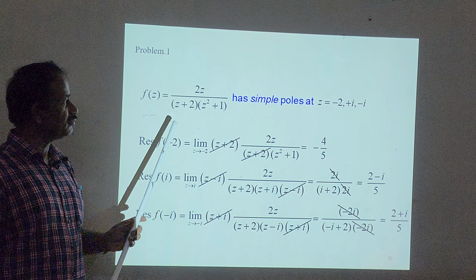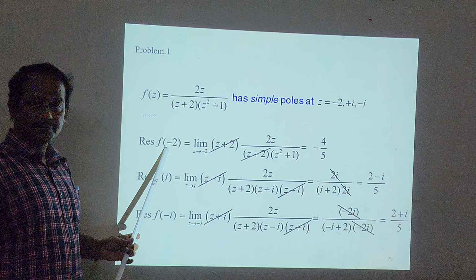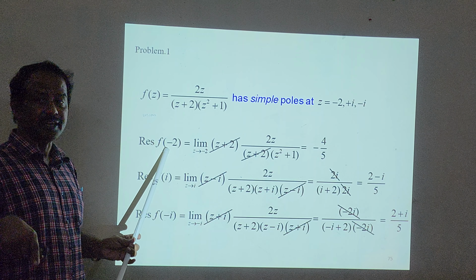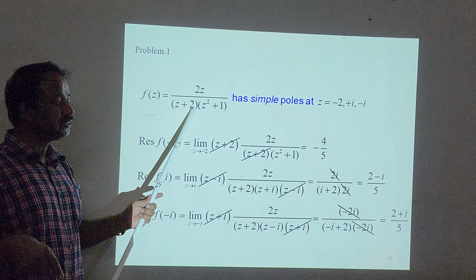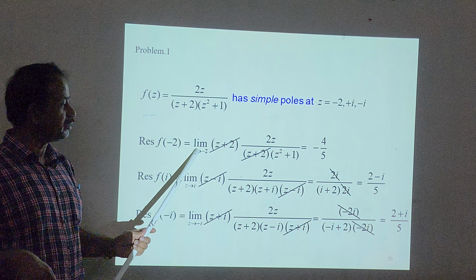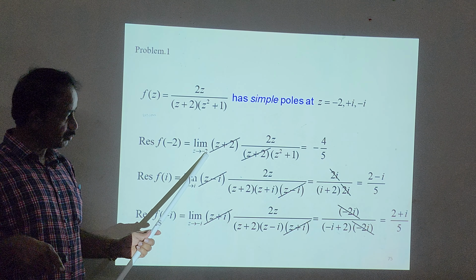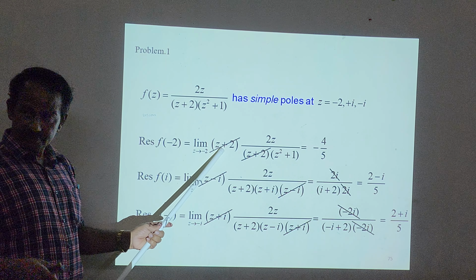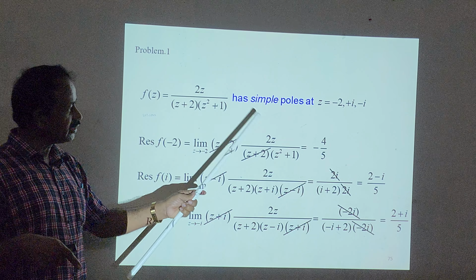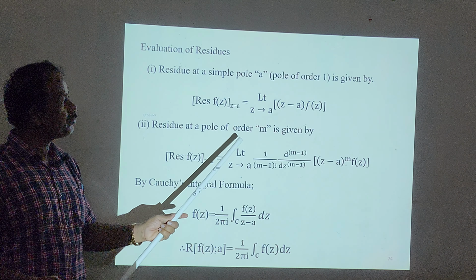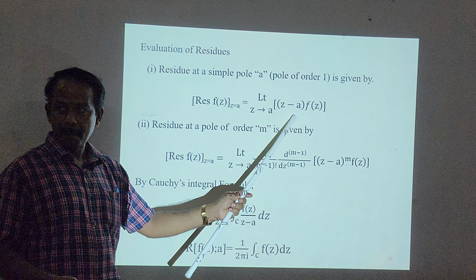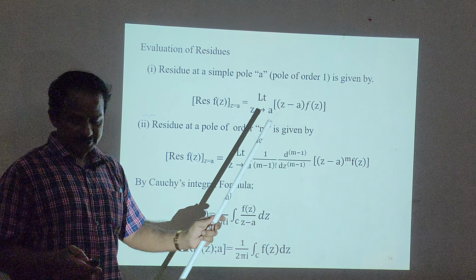Now we will find the residue for the first one. Residue of f of z at a, which is minus 2, is equal to the limit z tends to minus 2 of (z plus 2) times f of z. I repeat, this is z minus a multiplied by f of z.